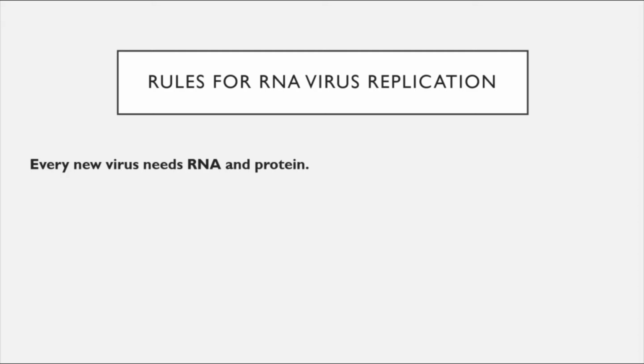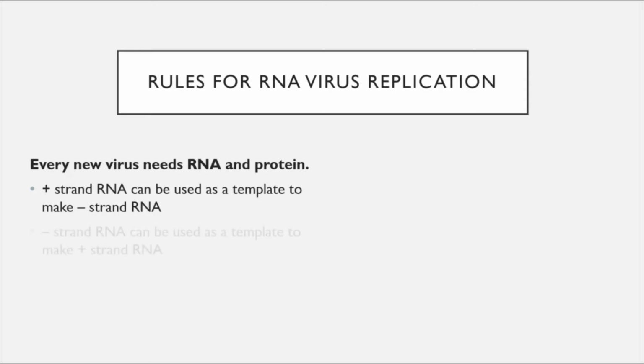So keep in mind that when new virions of RNA viruses are being made, there are two main ingredients that the cell needs to produce. They need to make more RNA pieces, and they need to make more proteins to create the capsid that encases them. Plus strand RNA can be used as a template to make minus strand RNA. Likewise, minus strand RNA can be used as a template to make plus strand RNA.